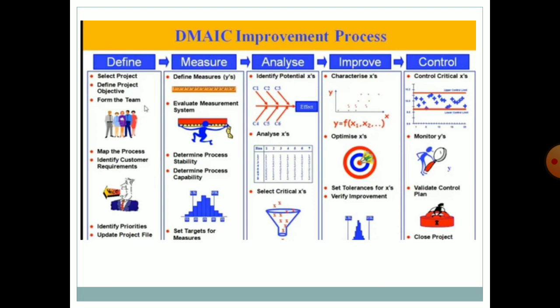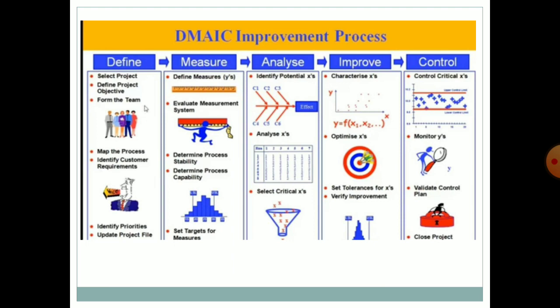Then in the define phase itself, we have to form the team, and the team is a cross-functional team, meaning persons from various departments. Suppose we are doing Six Sigma in assembly, then a person from maintenance, a person from assembly itself, and a person from the manufacturing department, because assembly is the customer of the manufacturing department.